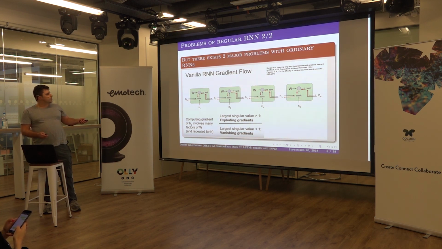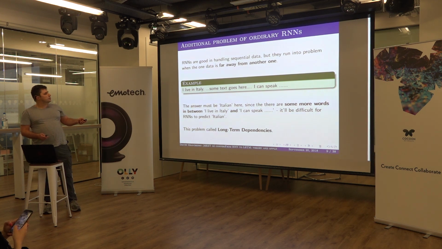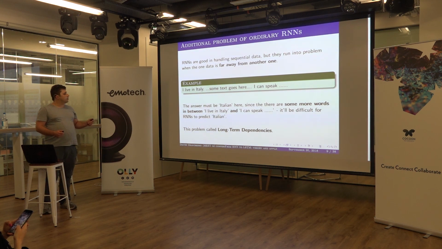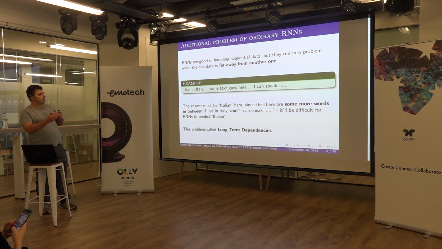And also there's an additional problem with ordinary RNN, so that RNNs are good at a small distance, but they are bad in the context which is separated by a big distance.